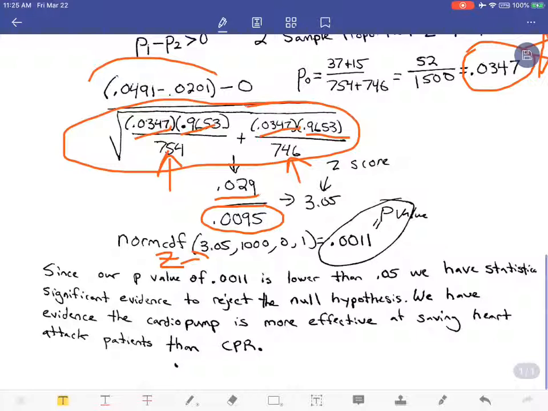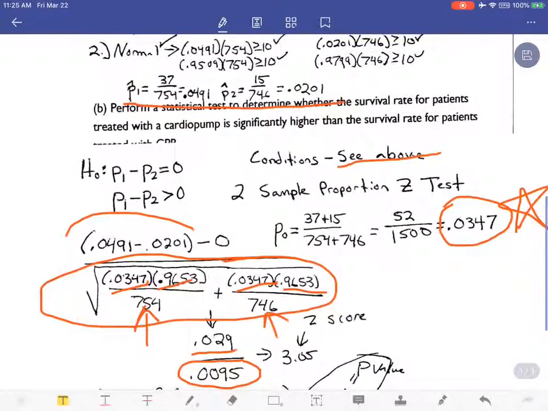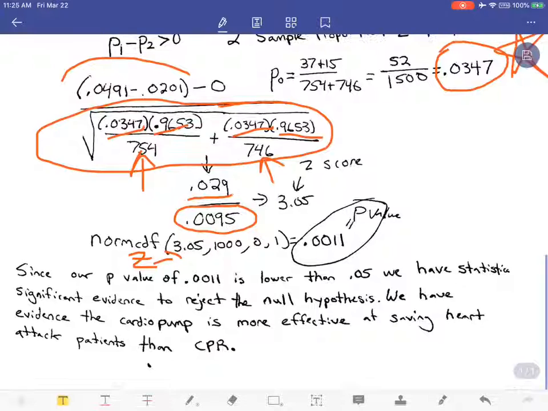Since our p-value is below our significance level, we can reject the null hypothesis, which was that there's no difference between the 2 treatments. So that means we have evidence that the cardiopump is more effective than the CPR treatment.